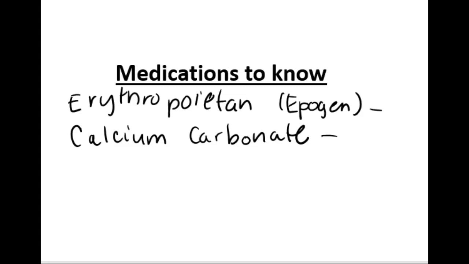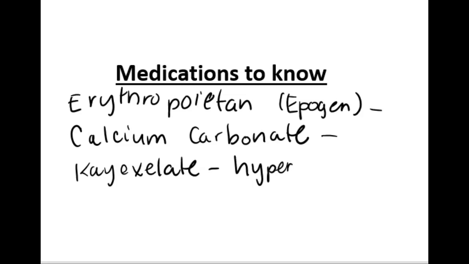And then Kayexalate, for treatment of hyperkalemia. This is the one that's given by mouth through the GI tract. So little reminders about anything we give GI, especially this, where it will pull the potassium in from the bowel. If the bowels aren't working, this would not be the best med to give.